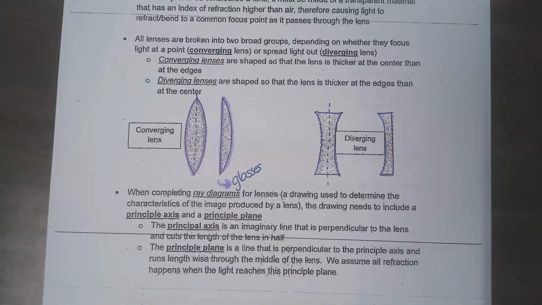The greatest and easiest way to explain what's happening is by drawing what we call a ray diagram. So when we were in the forces unit in Physics 20, we always did a force diagram, force normal versus force gravity, force applied versus force of friction.